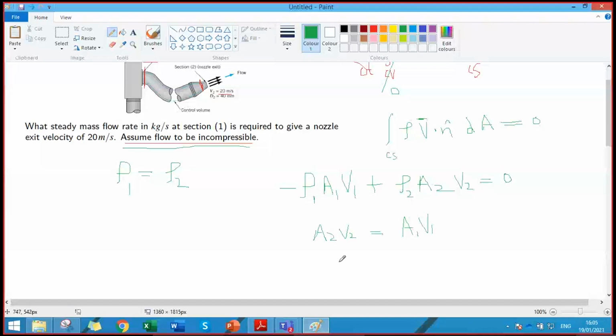Yes, sir. Or we can write A1 V1 as Q1. So we'll get the volume flow rate at section 1 with the help of the parameters of section 2, A2 V2.